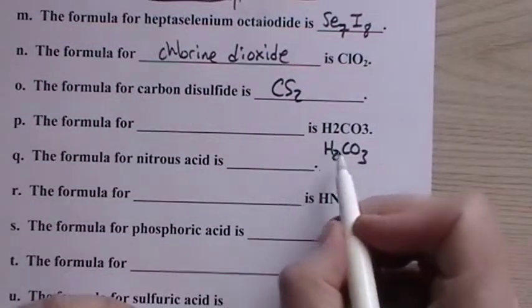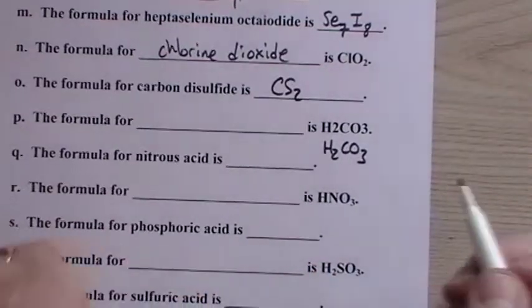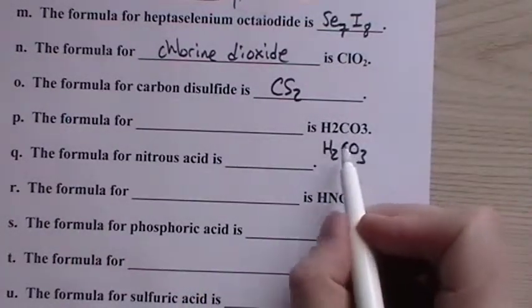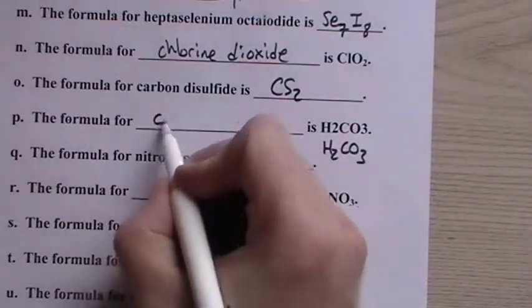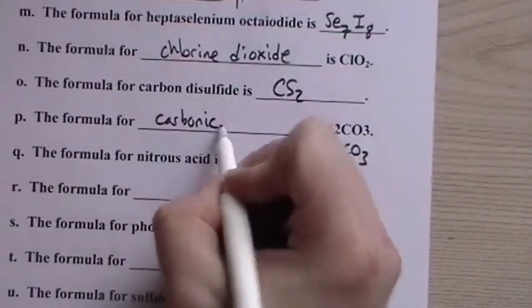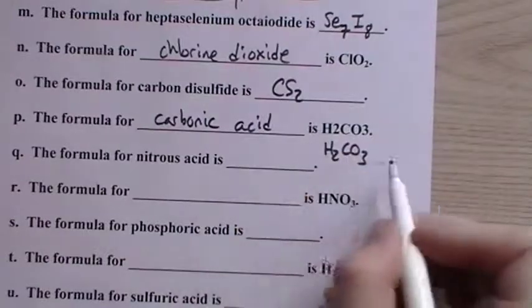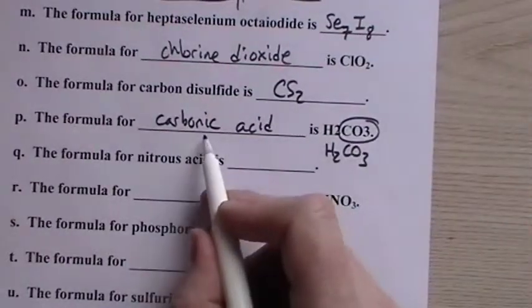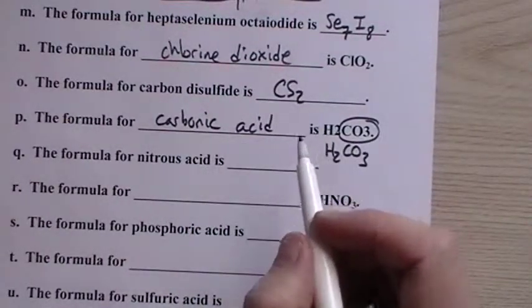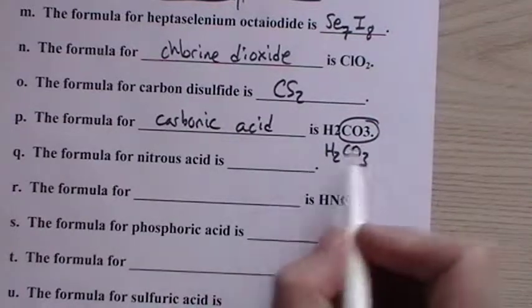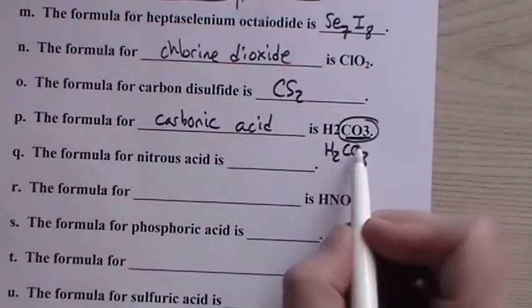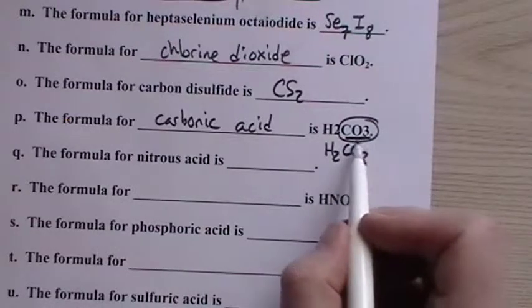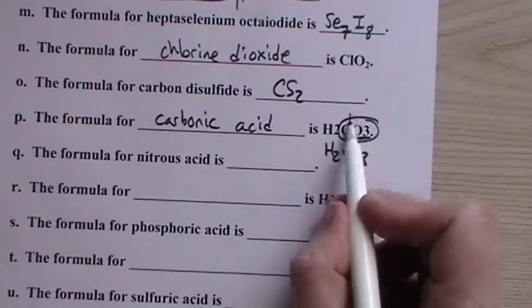Now, when you see hydrogens out front, that generally means that it's an acid. So we wouldn't call this dihydrogen carbonate, this is carbonic acid. So the naming changes, we take the carbonate, and we change it to either OUS or IC. In this case, there's only IC for the acid with a central atom of carbon.